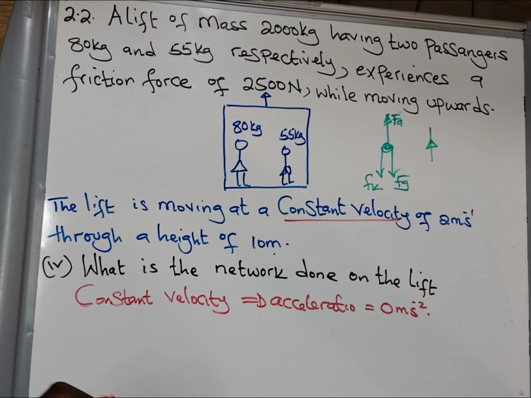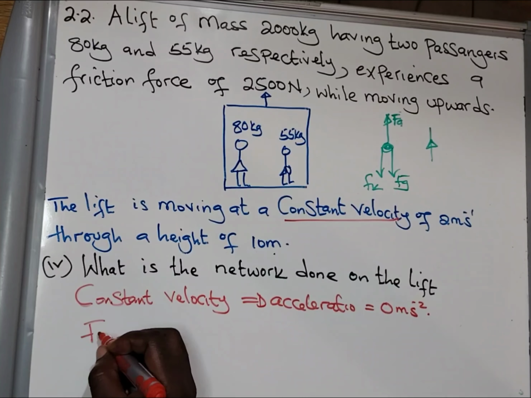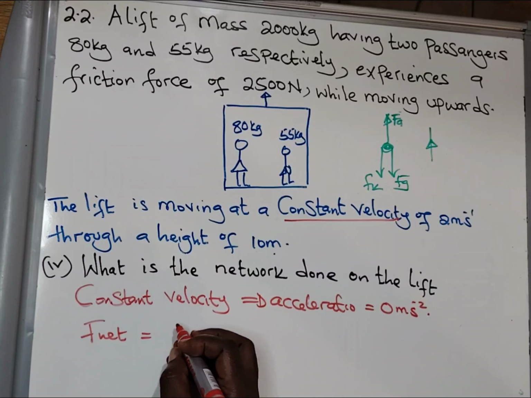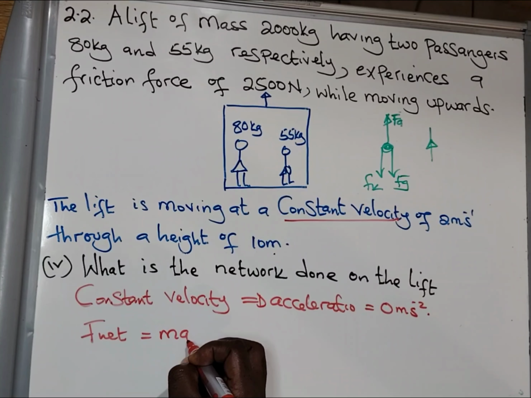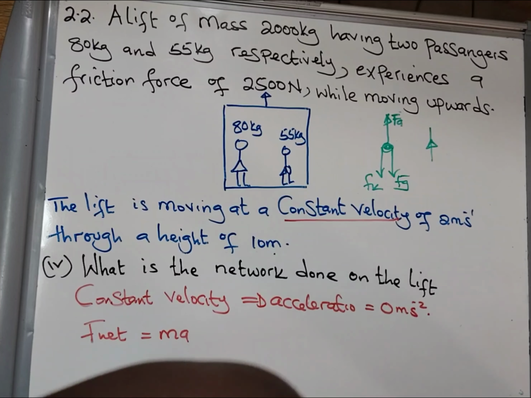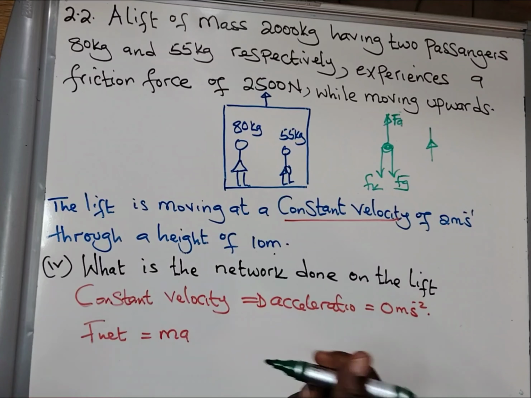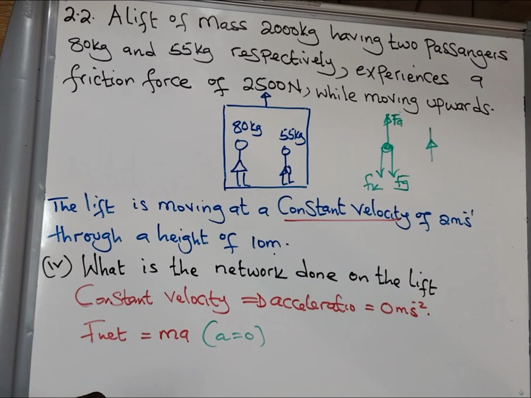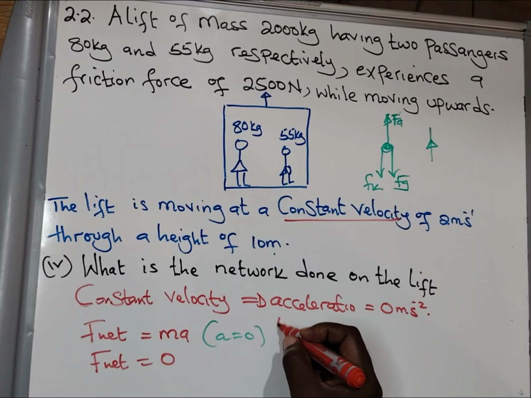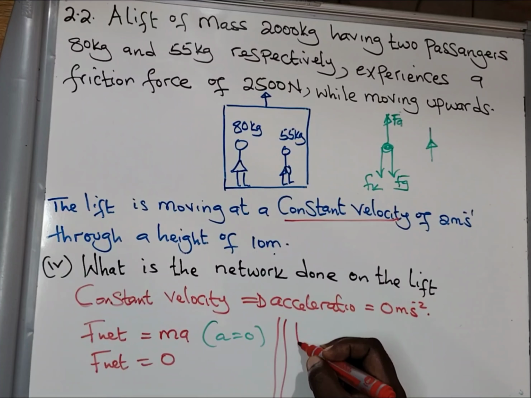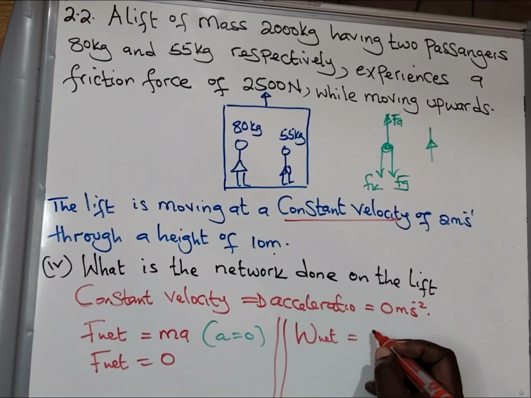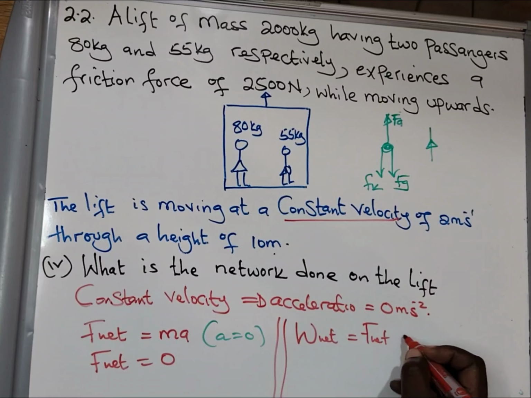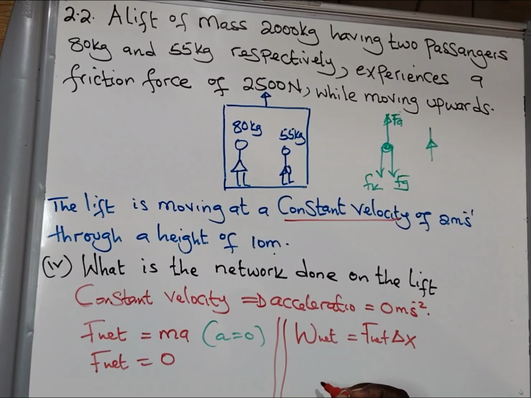If that's true, then you have to recall that F net is equal to ma. So if acceleration is 0, then the implication is that F net is 0. But you have to recall that work net is equal to F net times displacement.